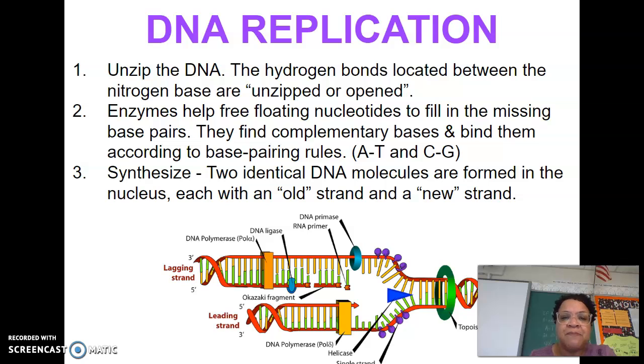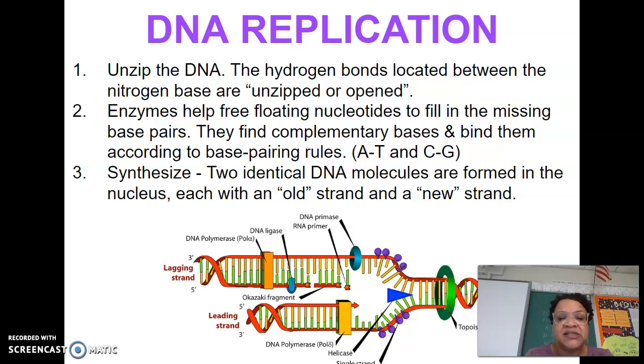So the first step in DNA replication is to unzip the DNA molecule. The hydrogen bonds, remember, they're weak bonds. This is why. They're weak because they can be unzipped or opened. The enzymes help free-floating nucleotides to fill in the missing base pairs. They find complementary bases and bind them according to the base pairing rules.